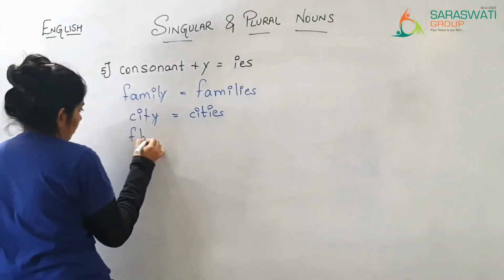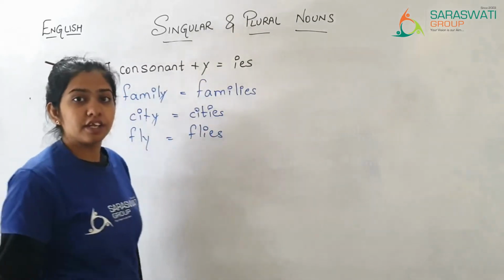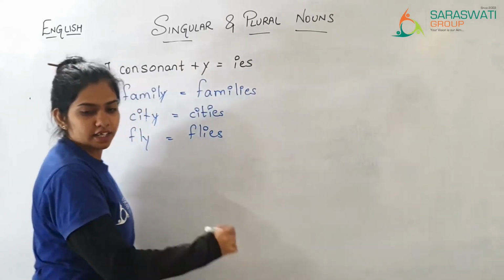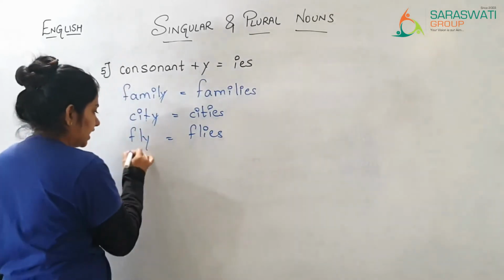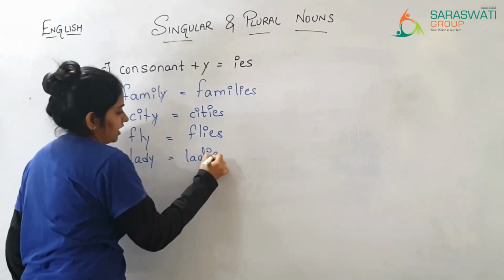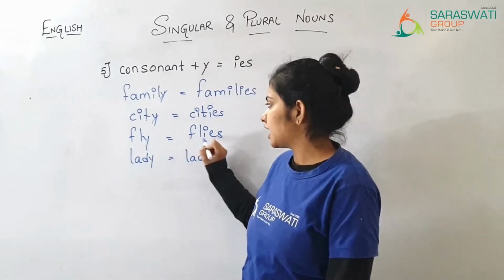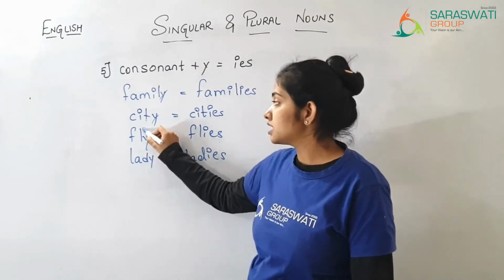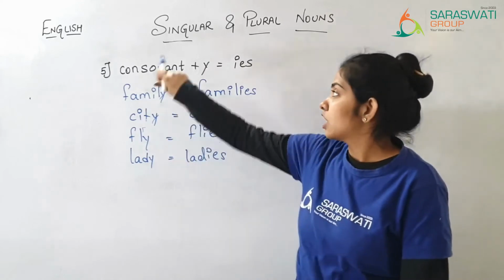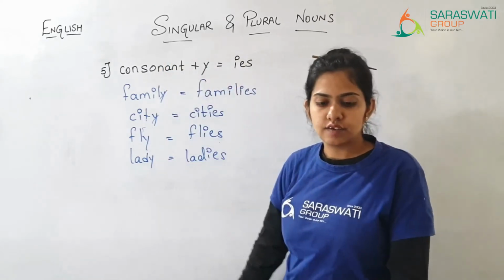Fly, flies. Then lady, ladies. We are cutting Y and adding IES because the previous letter is consonant. That's why. Consonant plus Y is equals to IES.